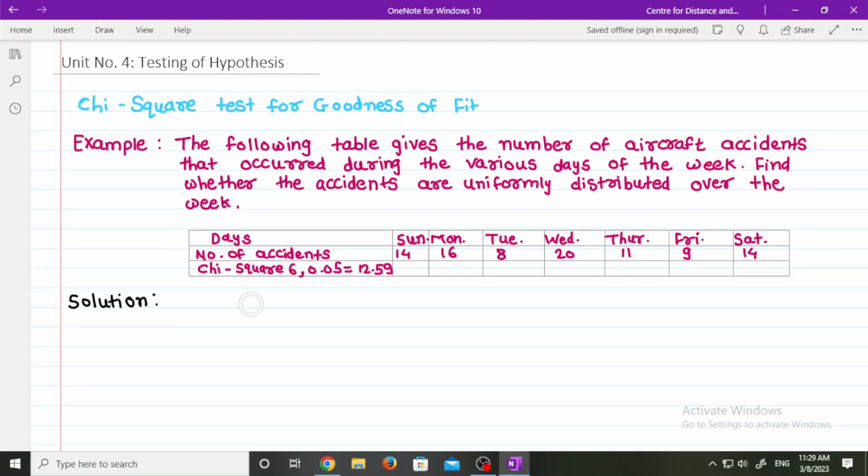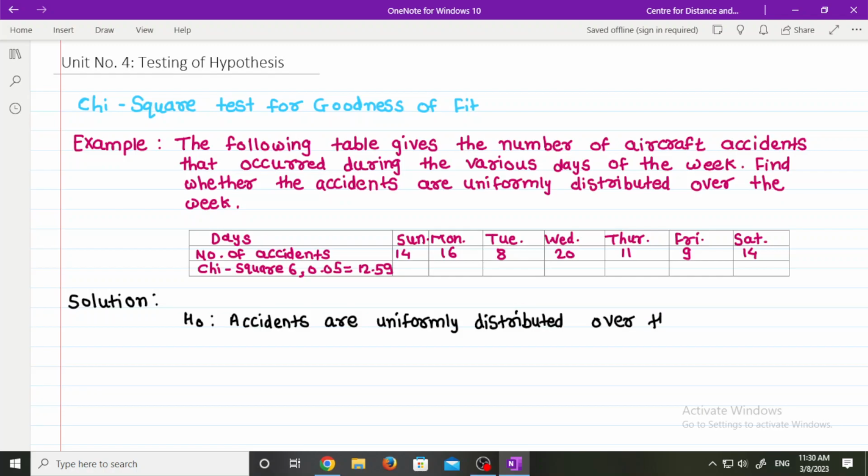Then for the solution, our first step is to mention the null hypothesis and the alternative hypothesis. H0: accidents are uniformly distributed over the week.